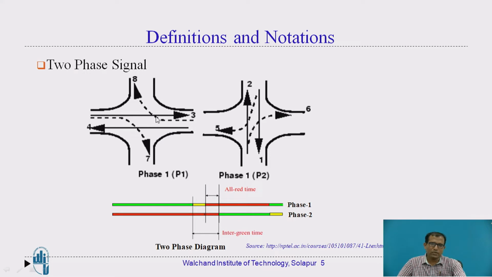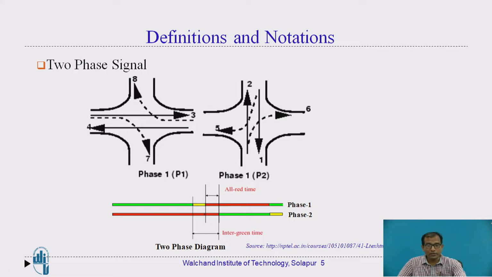Once this phase is over, the green is over, we get the second phase, for the other side. For this we put red on the first, and operate the green for the second phase. Again the other 4 directions are cleared in the second phase: straight movement and also left turn and right turn movement.